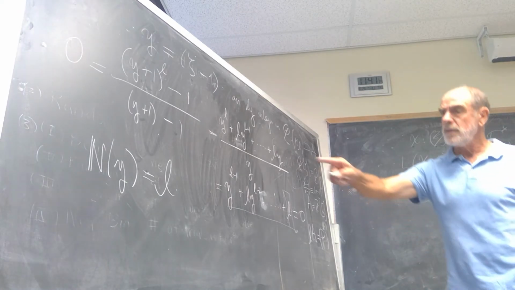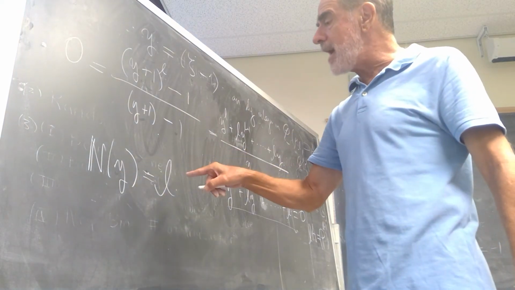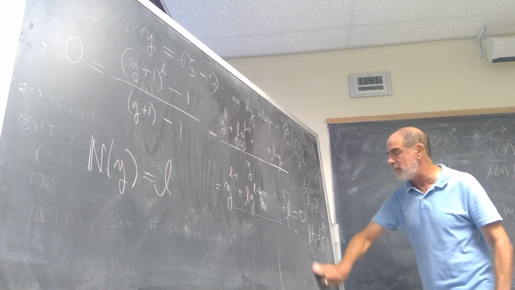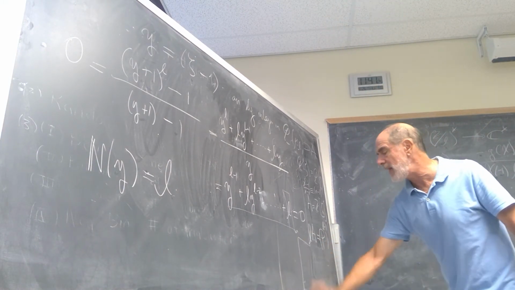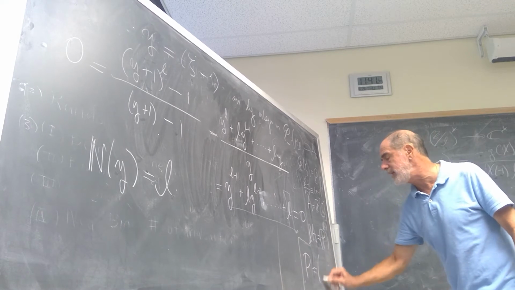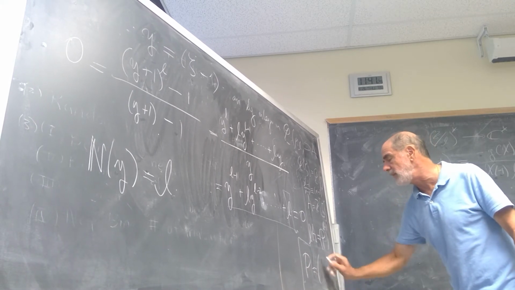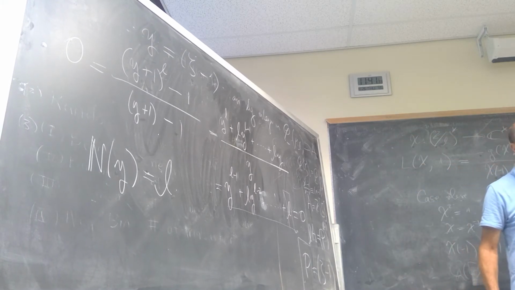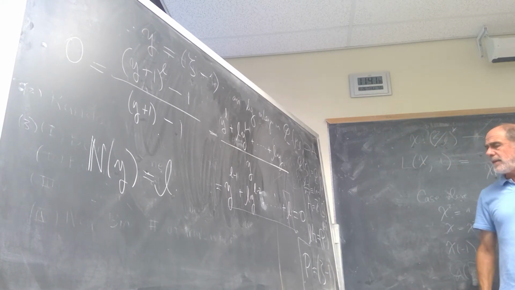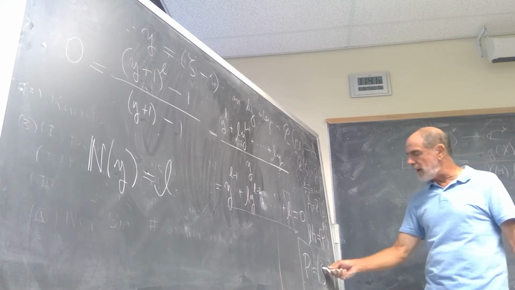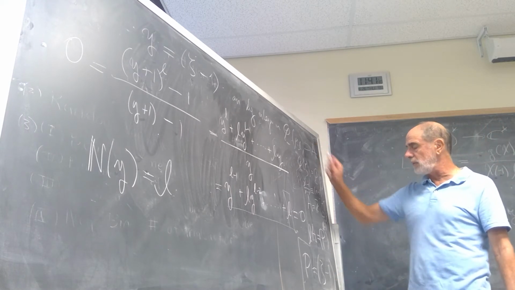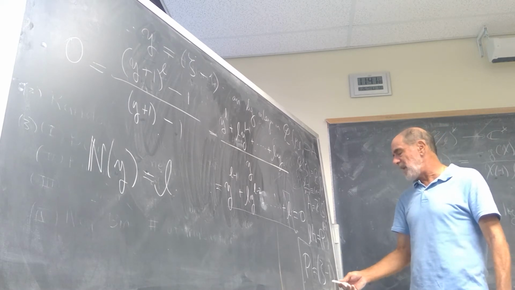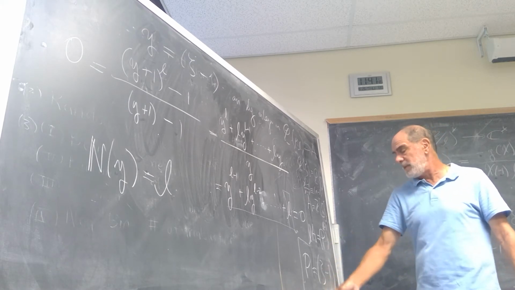And here, the ideal generated by y is also an ideal of norm L. So there's only one ideal of norm L in A. And that says that P is the principal ideal generated by zeta minus 1. Well, that says that if you conjugate zeta by any automorphism of this field, you get another ideal of norm L, and it has to be this one.